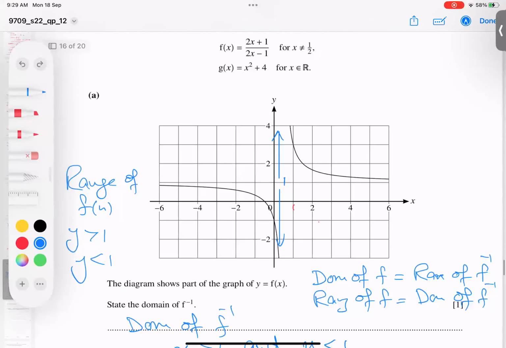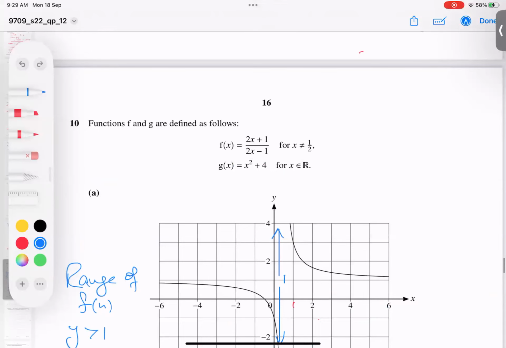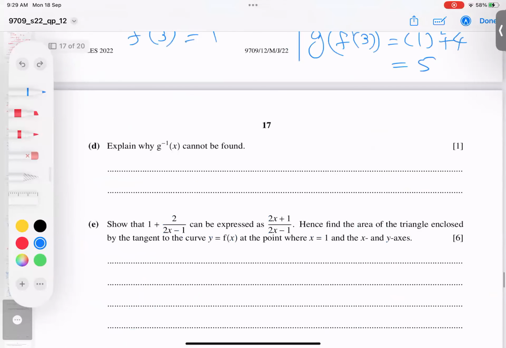Because, students, if I try to sketch g, the diagram comes like this. I'm going to show you 1, 2, 3, 4. The graph comes somehow like this. For your knowledge, let me tell you clearly: because this curve is turning, it is not a one-to-one function.